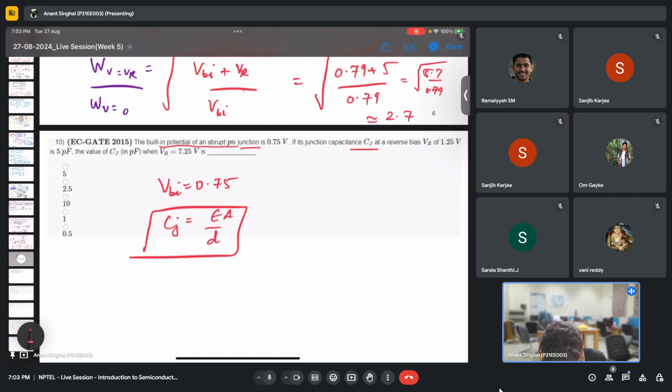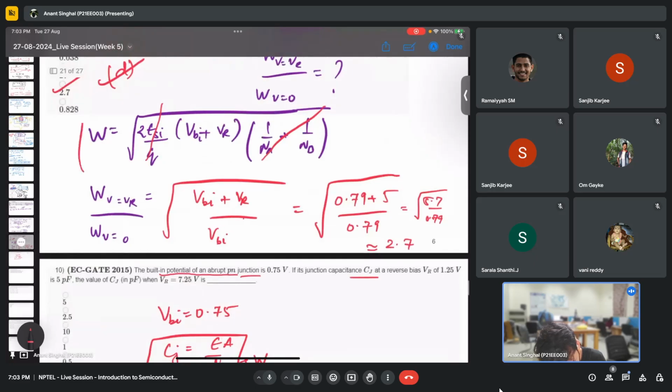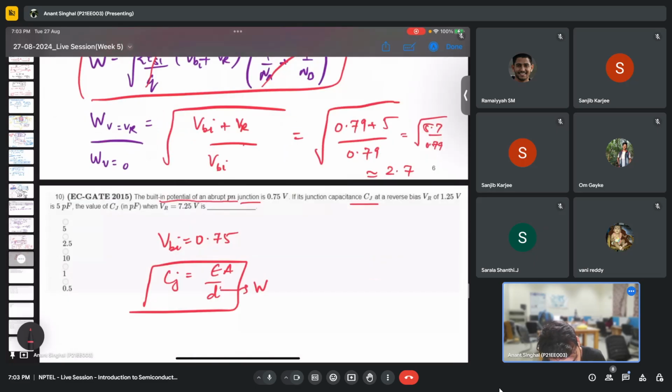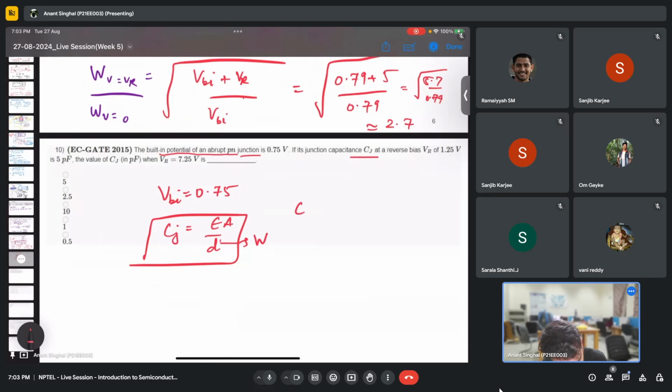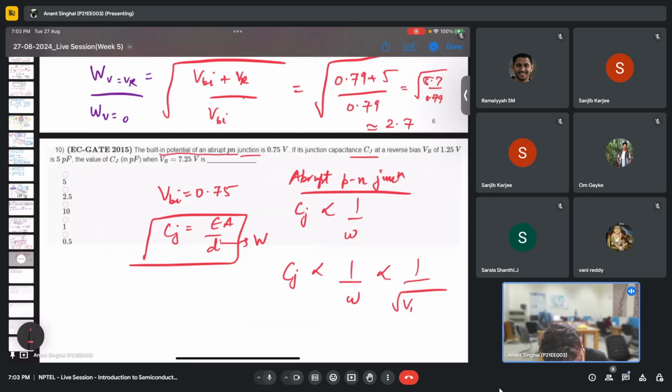We already have the formula for the depletion width W. The junction capacitance is inversely proportional to W, and this is the case for an abrupt p-n junction only, because we have calculated the W for an abrupt p-n junction. So I can write 1 by W as 1 by VBI plus VR.